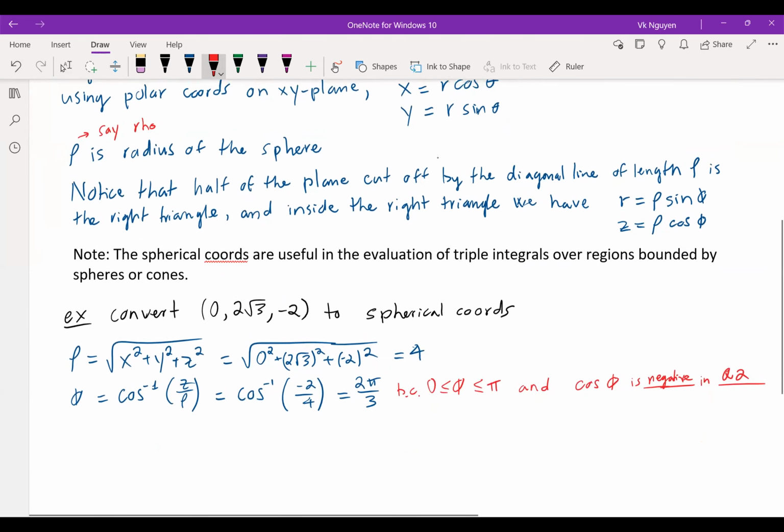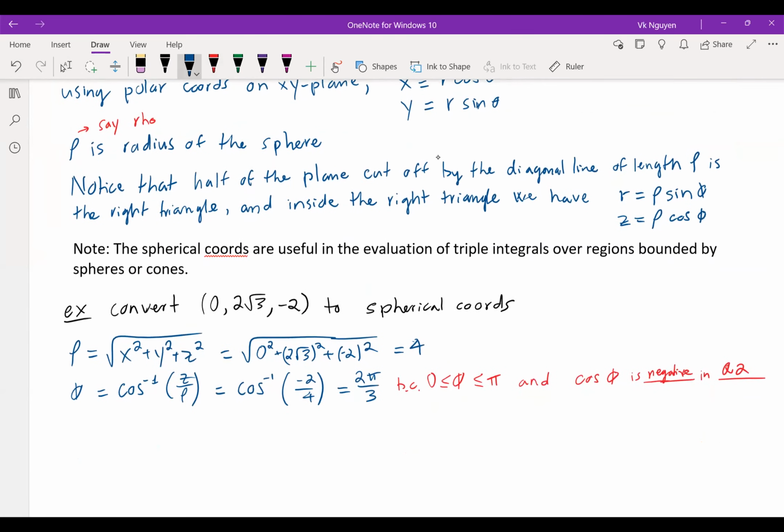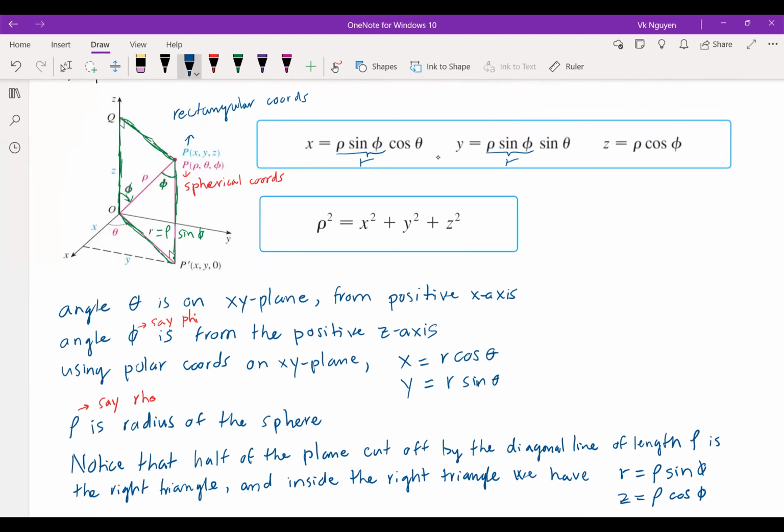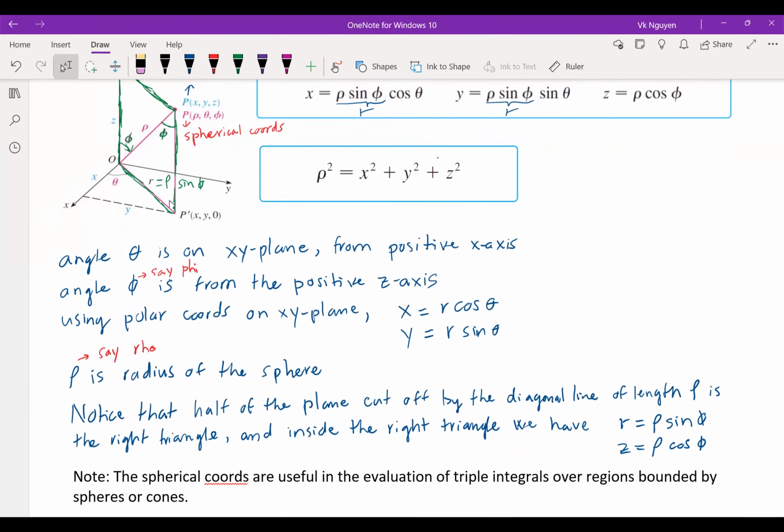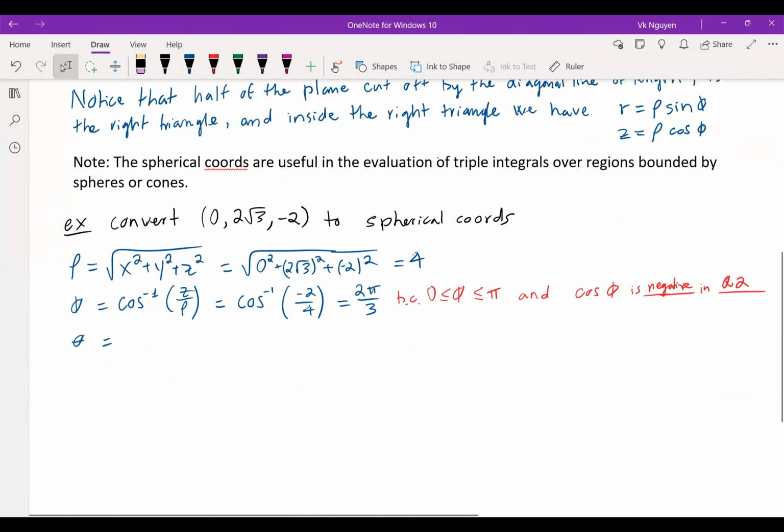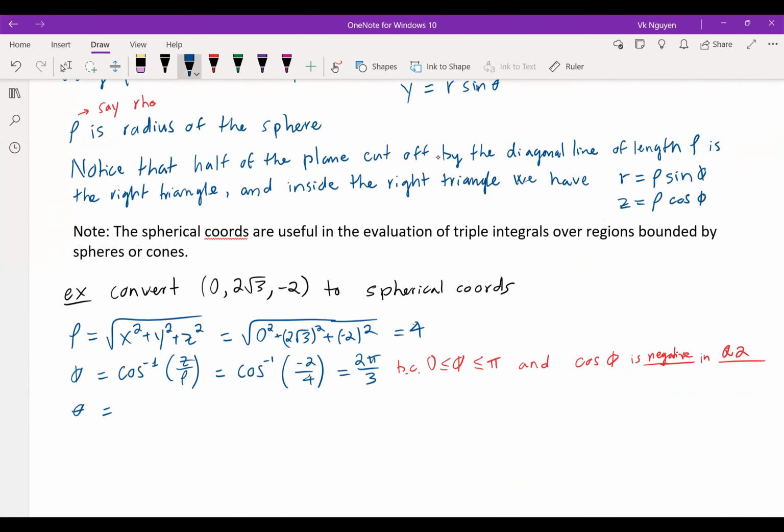Okay. Then we have to plot out the points, see if it matches with the answer. Then it's arccosine of x over rho sine phi. And for the sake of this one, x over rho sine phi.